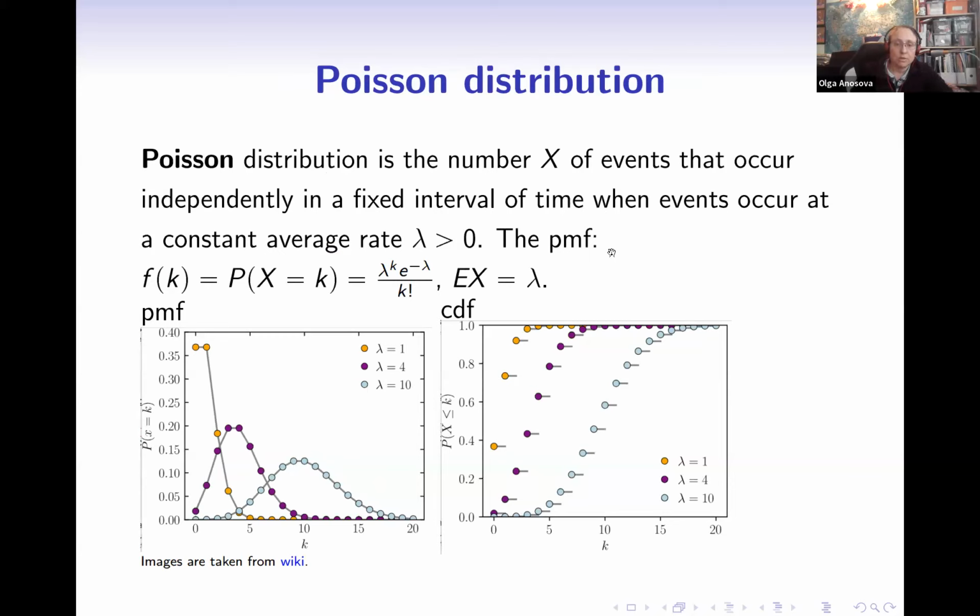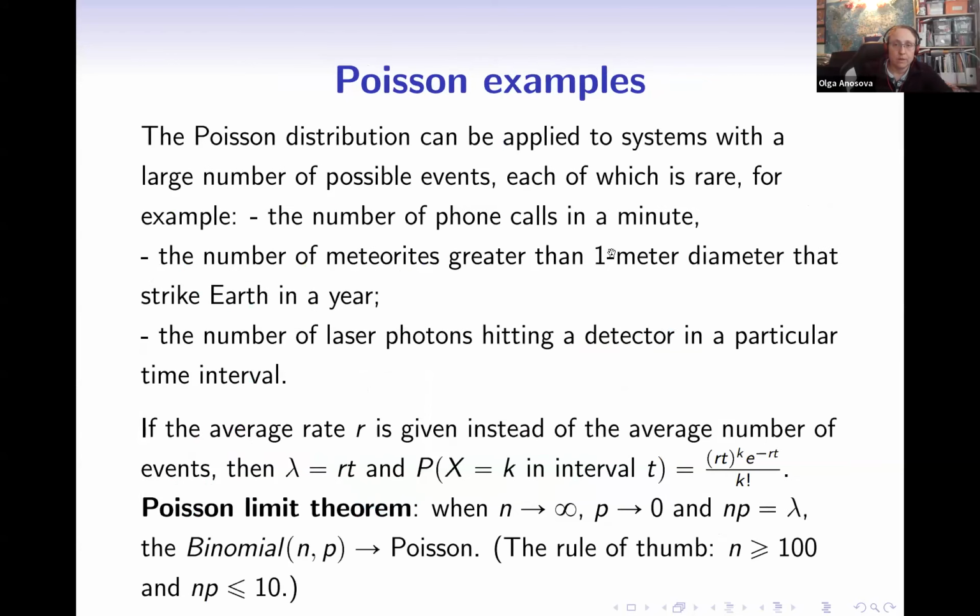So the Poisson distribution is very famous because it can be applied to lots of different situations, especially when those events are rare. And here are some examples. One of the very famous examples, like a training example, is the number of phone calls that reach a phone station in, say, a minute or an hour.